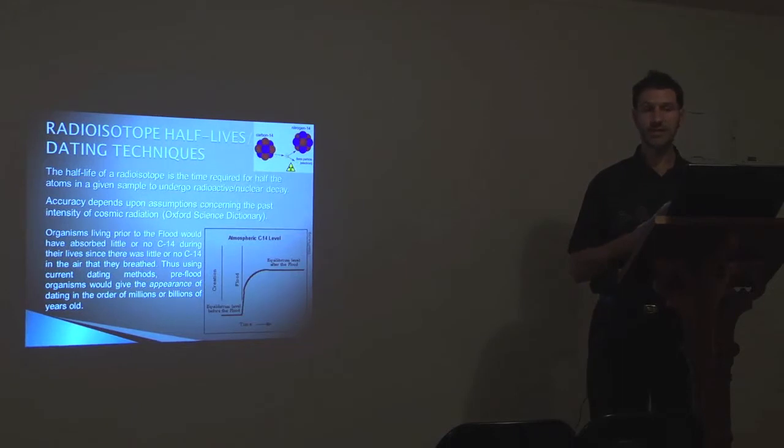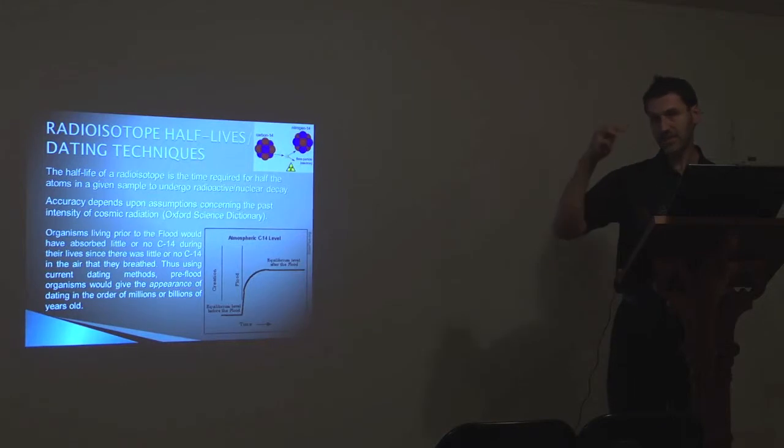Exactly, because it's been assumed that the decay is constant throughout time, which is infinite. And that's quite a huge assumption to make scientifically, actually. I'm surprised that scientists never mention that, although it is mentioned in the Oxford Science Dictionary. So, yeah.